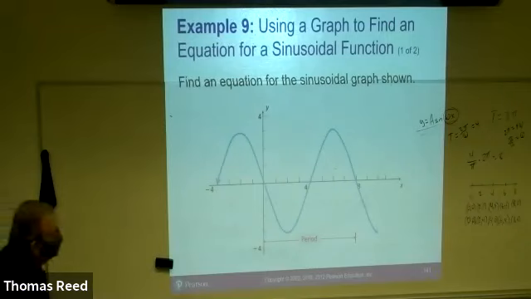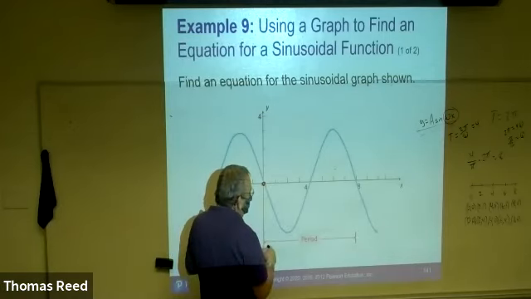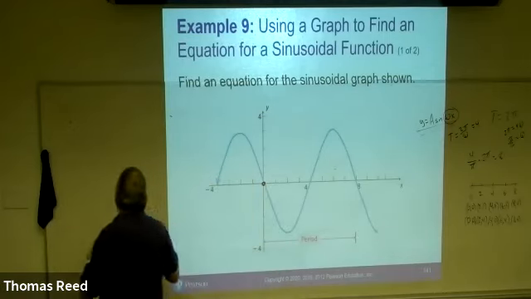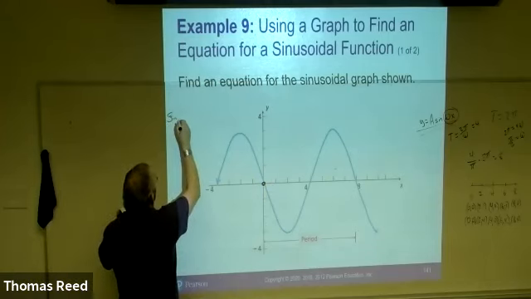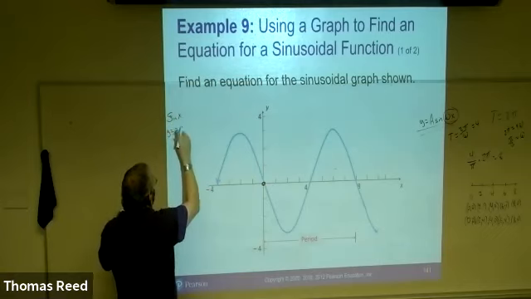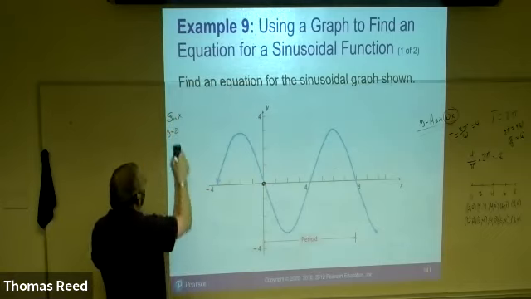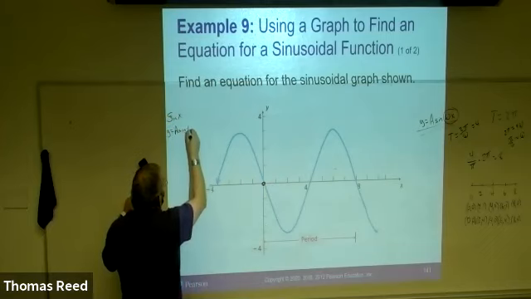Now, since it goes through 0, 0, supposedly, I'm going to use sine function again. So I'm going to say y equals A sine omega x.